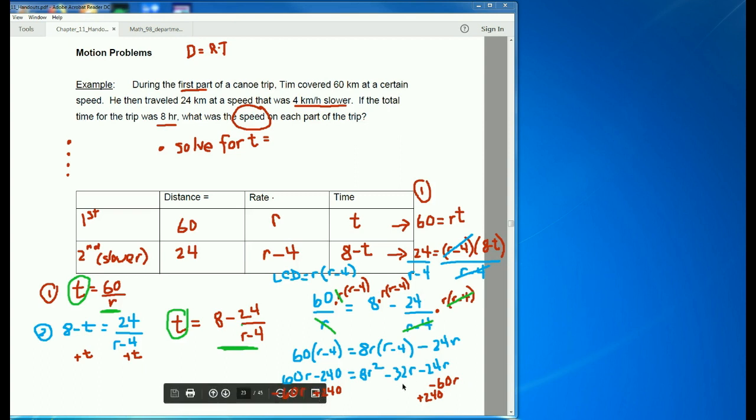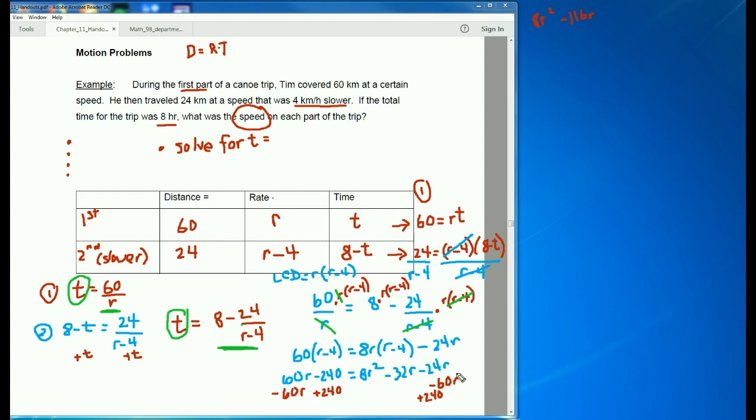So we're down here. We want to start collecting all our like terms on the right-hand side of the equation. Okay, so we have 8r squared, and then if we collect all these r's, so minus 32r, minus 24r, minus 60r becomes minus 116r.